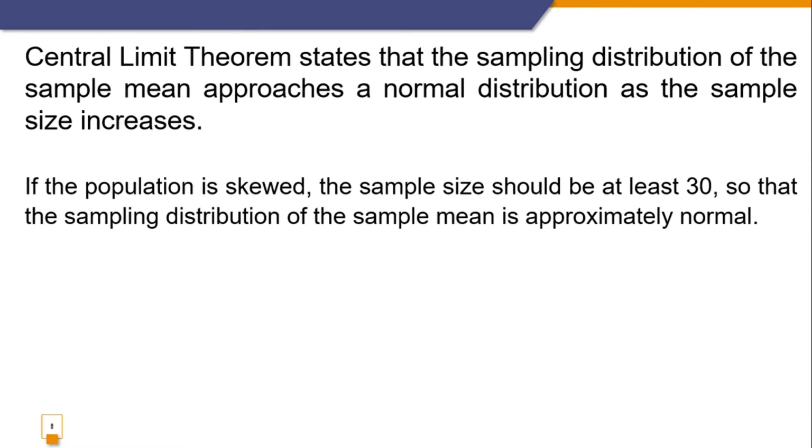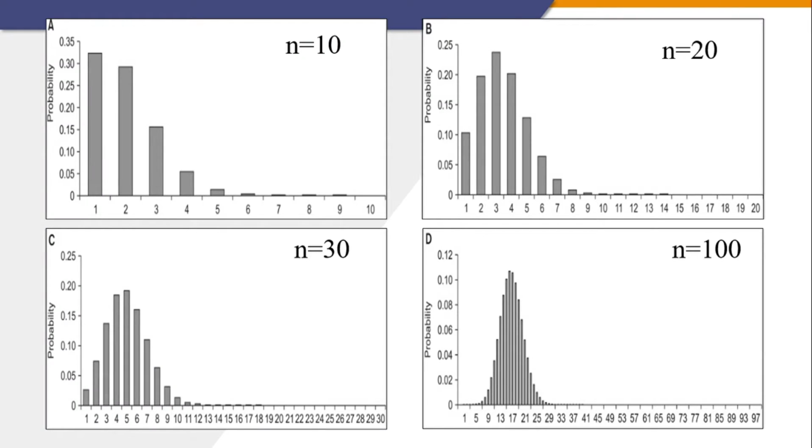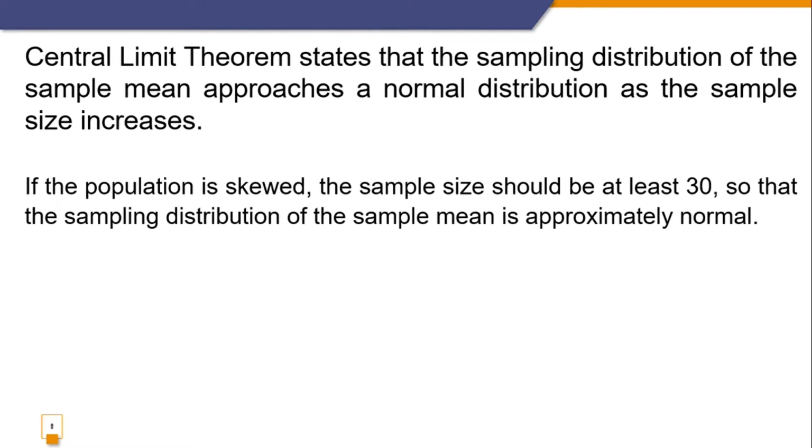So, if the population is skewed, meaning skewed to the left or skewed to the right, the sample size should be at least 30, so that the sampling distribution of the sample mean is approximately normal. So, kagaya sa example natin kanina, it is already approximately approaching normal distribution since yung sample size niya is 30.